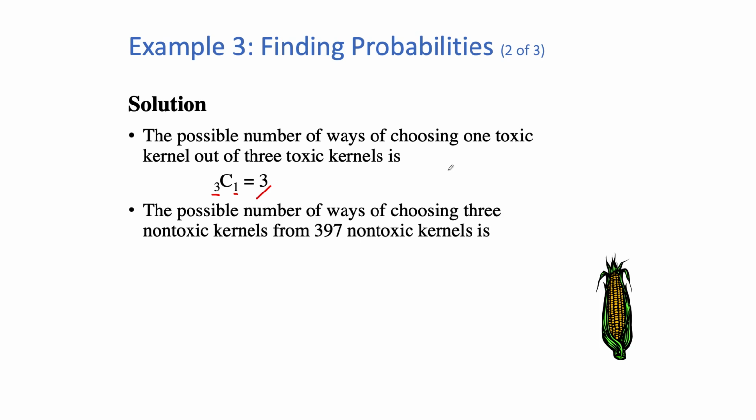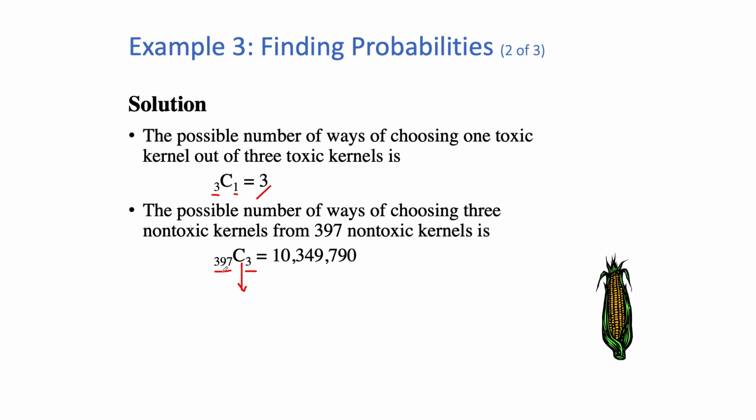The other 397 kernels are non-toxic, right? To form my sample, of these 397 kernels, I need to choose 3, because together I need a sample of 4 kernels, in which case I need 1 from the 3 toxic ones and 3 from the 397 non-toxic ones. So the number of ways I can choose 3 non-toxic kernels from 397, in which case the order again doesn't really matter, it doesn't matter how I make these choices.